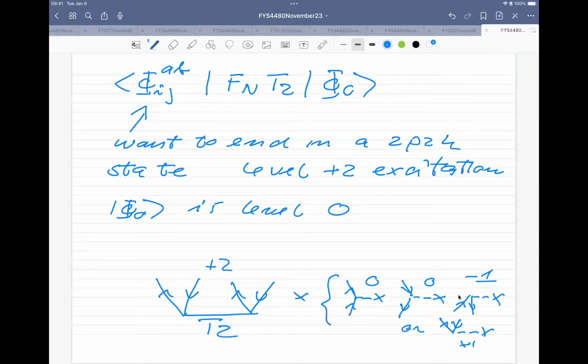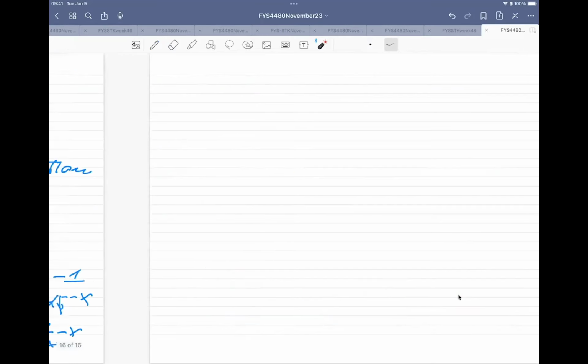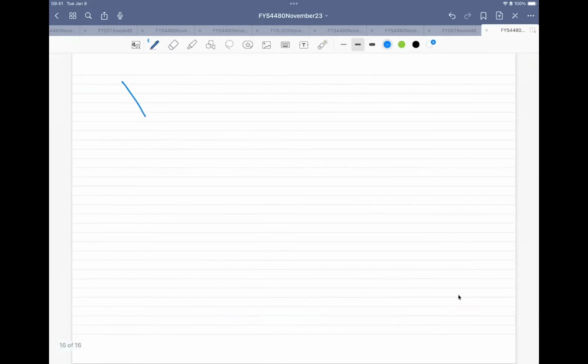If I take this one and contract that one with one of these, what that would lead to would be a diagram of this type. If I perform the contractions, I would then get something which looks like this.